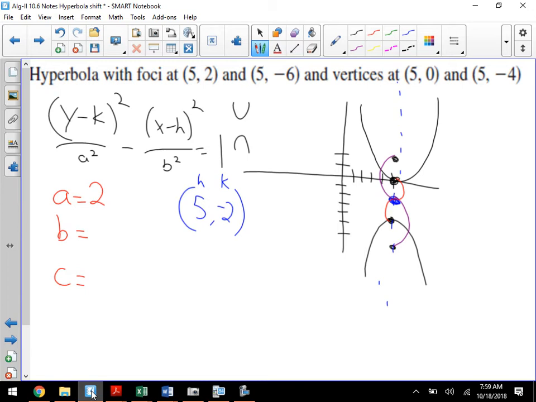You're just counting how far away something is. It's really nice to have to do that. So a squared is 4 and c squared is 16. Go back to the idea of your a squareds and b squareds for a hyperbola.